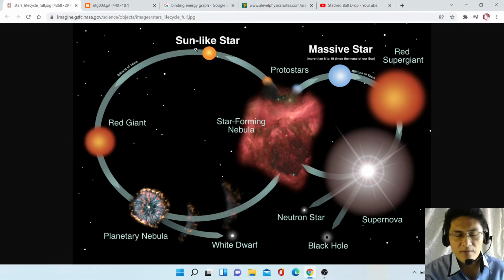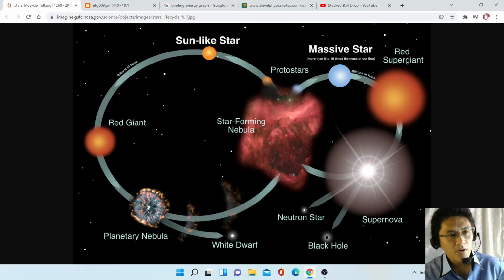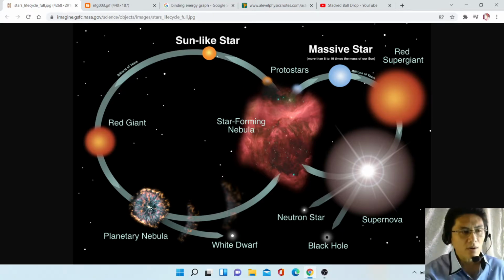And then sometime that star might become a red giant, and then that red giant might undergo a process which would create a planetary nebula, and what is left of it is a white dwarf, right?